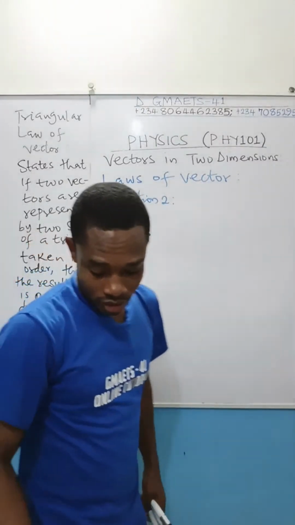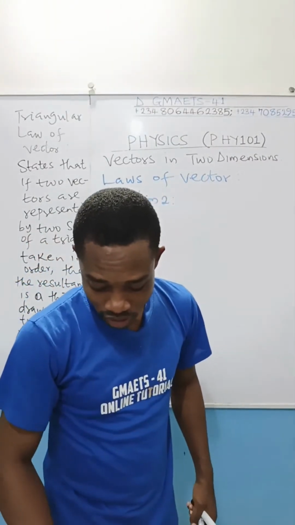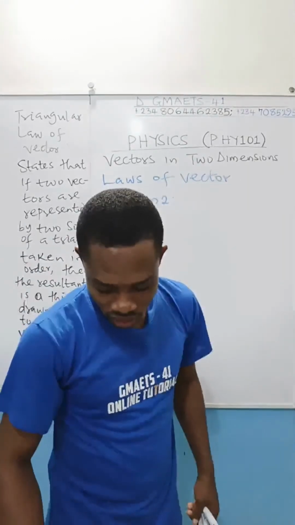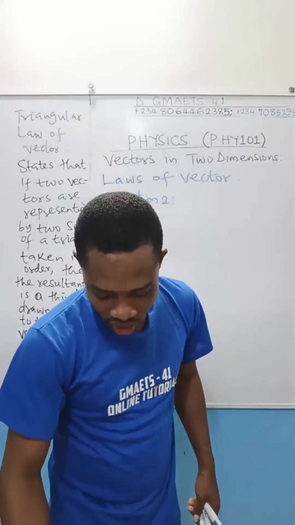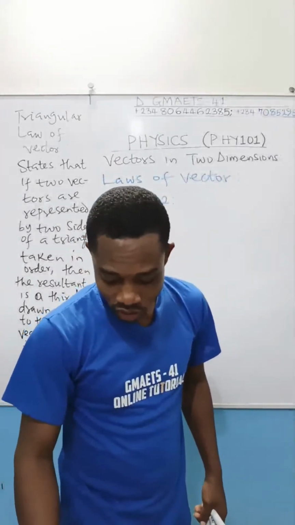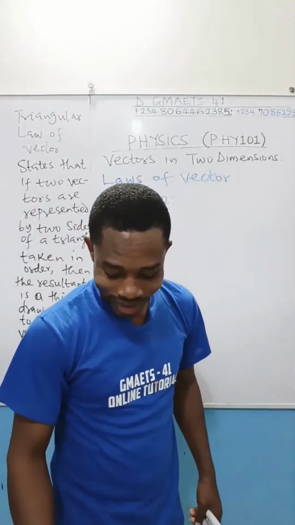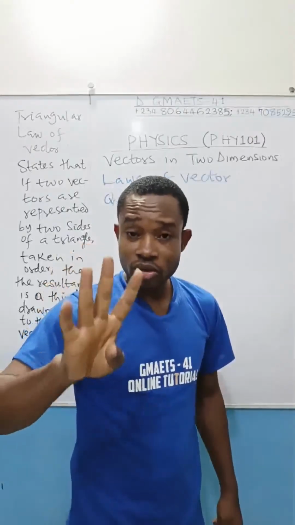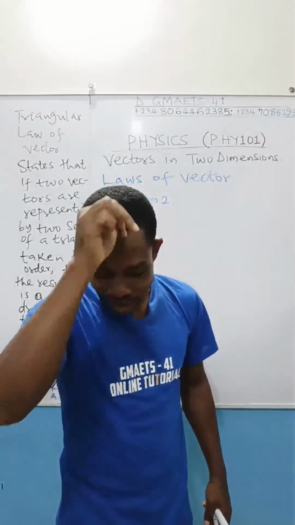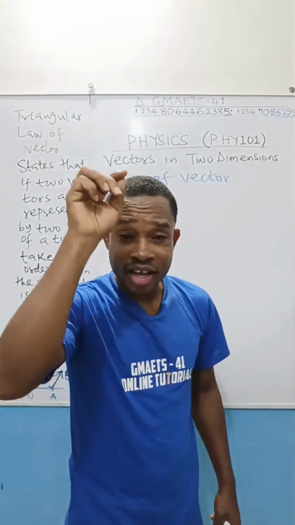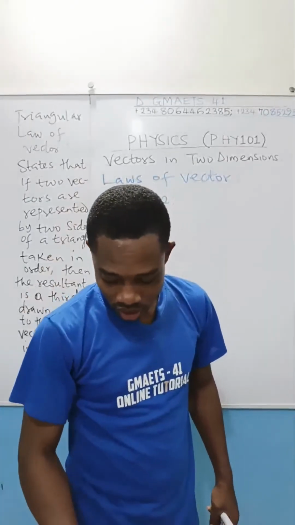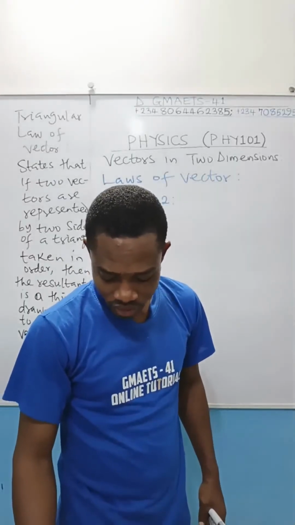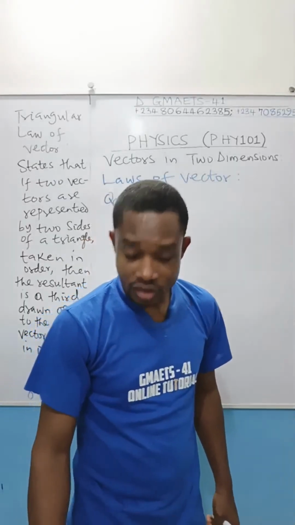I didn't mention the values of the vectors, please. The values here: two vectors, 4 units and 3 units, are inclined at an angle of 45 degrees. Calculate the resultant and direction of the vector.